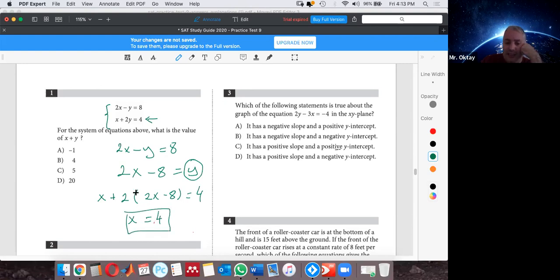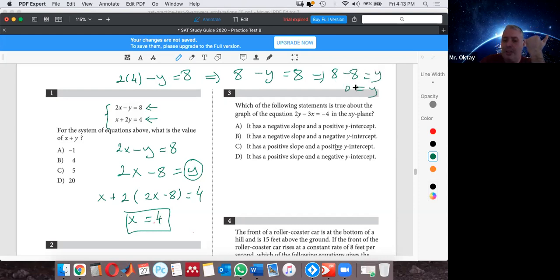When you find x is 4, put it here or here, it doesn't matter. 2 times 4 minus y is equal 8. So 8 minus y is equal 8. And then what can I say? Even these two things simplify, or just say 8 minus 8 is equal to y. So 0 is equal to y. That's it. So this is the first way.